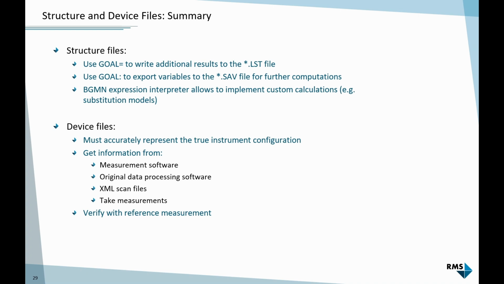You cannot use anything that looks similar. It has to be the same as what you actually use to measure your data set. And you have to try to get this information from different sources, like the measurement software, the data processing software, hack the XML files, or take measurements. And don't forget to verify your new configuration with a reference measurement.